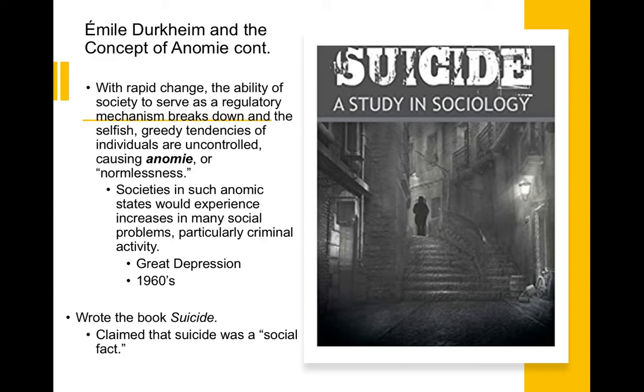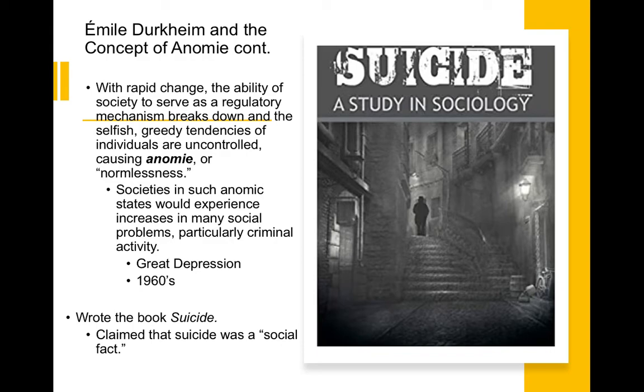Now, interestingly, both of these periods, the late 1960s and the 30s, showed the greatest crime waves of the 20th century, particularly for crimes like murder. Now, another fact that supports Durkheim's predictions is that middle and upper class individuals have higher suicide rates than those from lower classes.